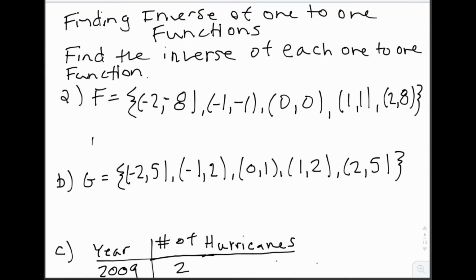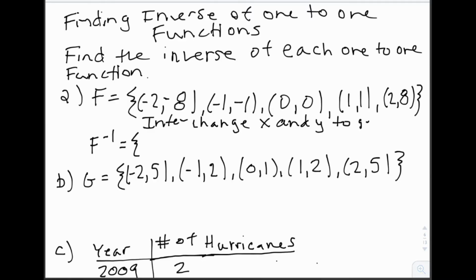So our f inverse, we can find this by simply taking our x's and our y's and interchanging them. I'll go ahead and write a note, interchange x and y values to get inverse. Okay, so again, we can go ahead and take our x and y values and interchange them.